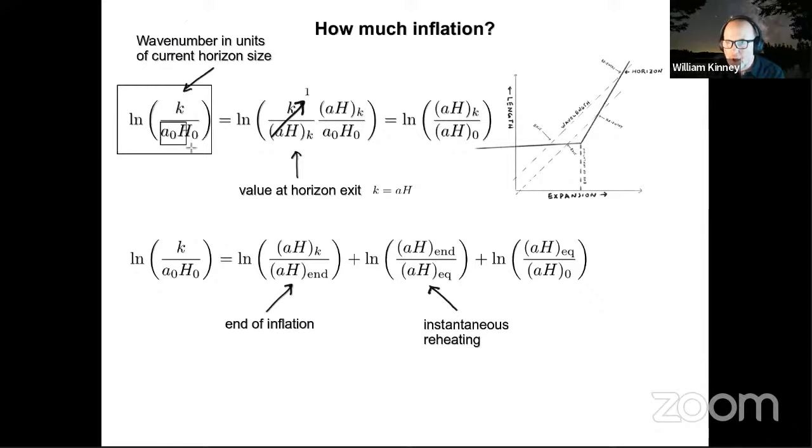So this is the horizon size in co-moving units, units that are expanding with the universe. This is the wave number in the same co-moving units.